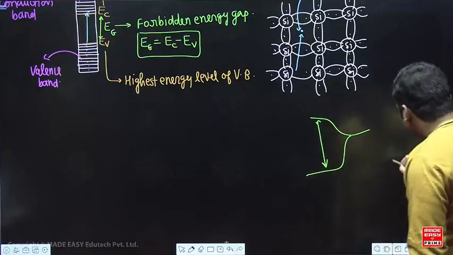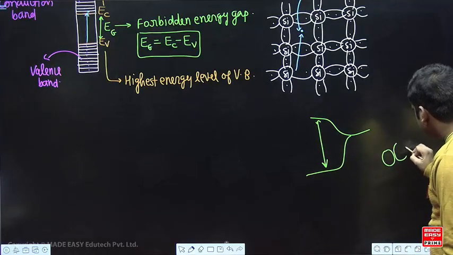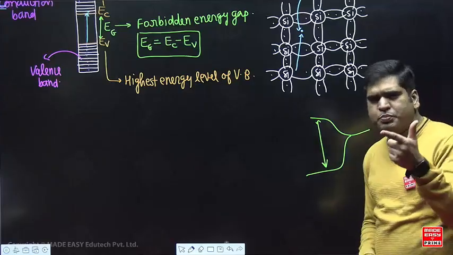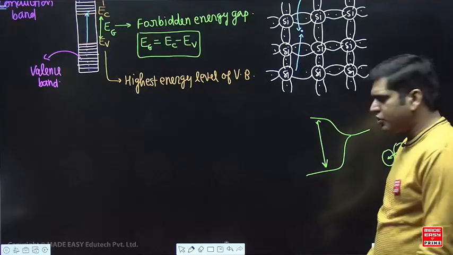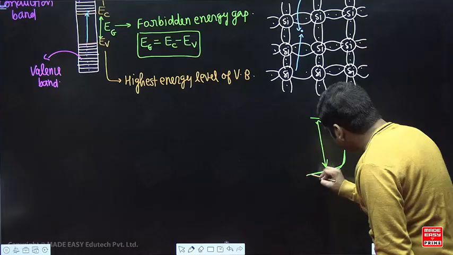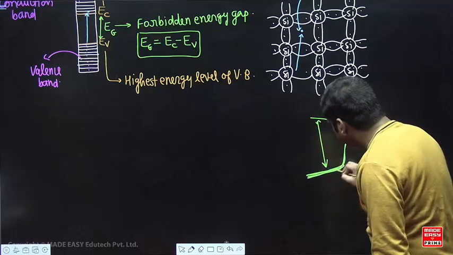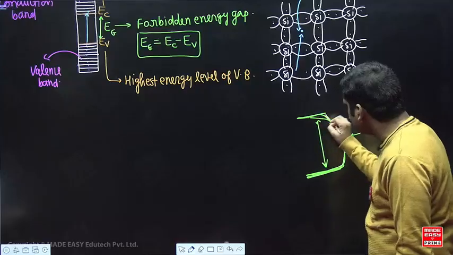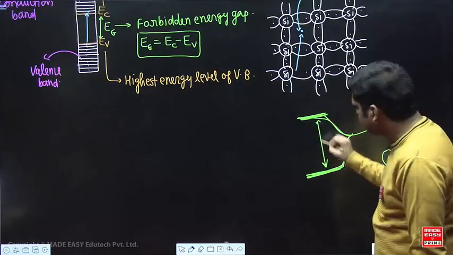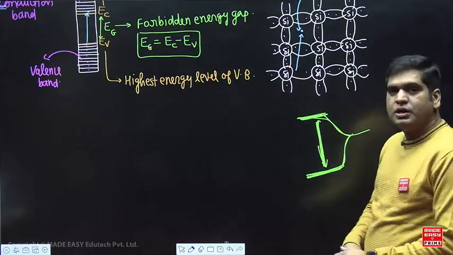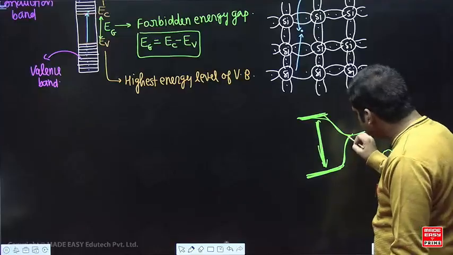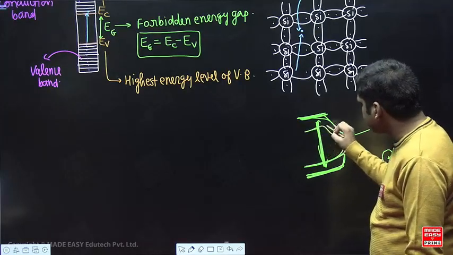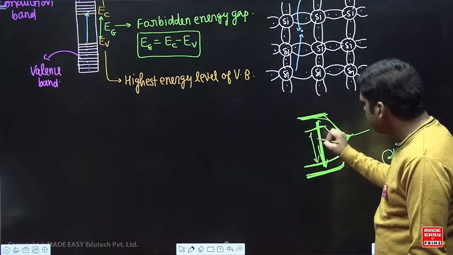So if the bond is very strong, it means atoms are coming very close to each other, then attraction force and repulsion force will be very strong. If attraction force is very strong, this energy level will go very down. And if repulsion force is very strong, this energy level will go up and this band gap would be wide. If attraction force is weaker, then this energy level cannot go much down, this cannot go much up, and this gap would be narrow.